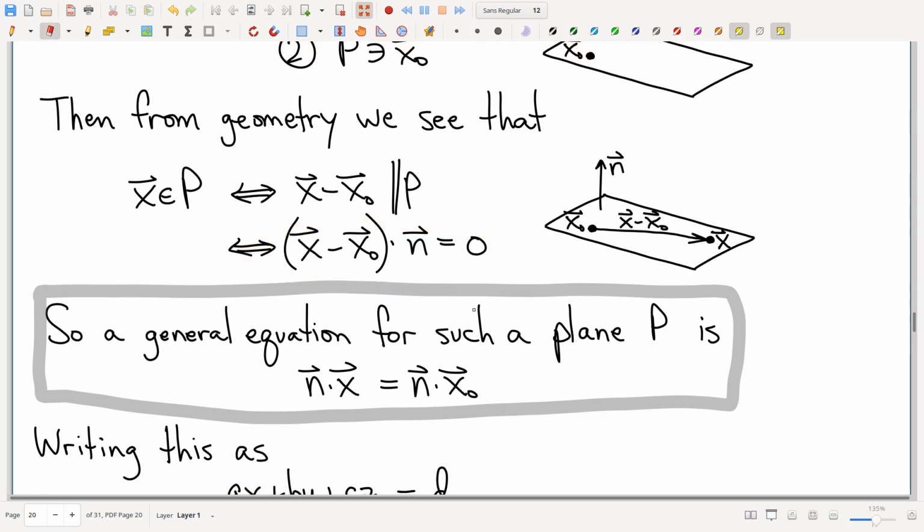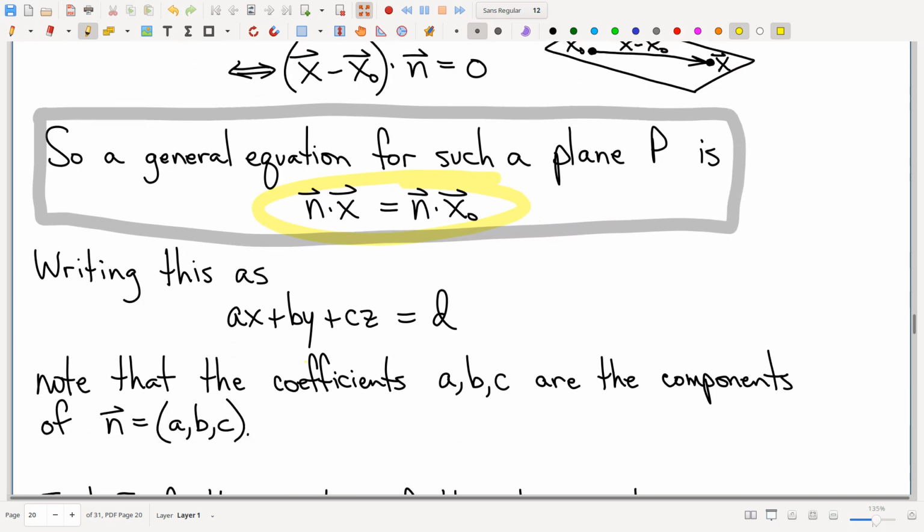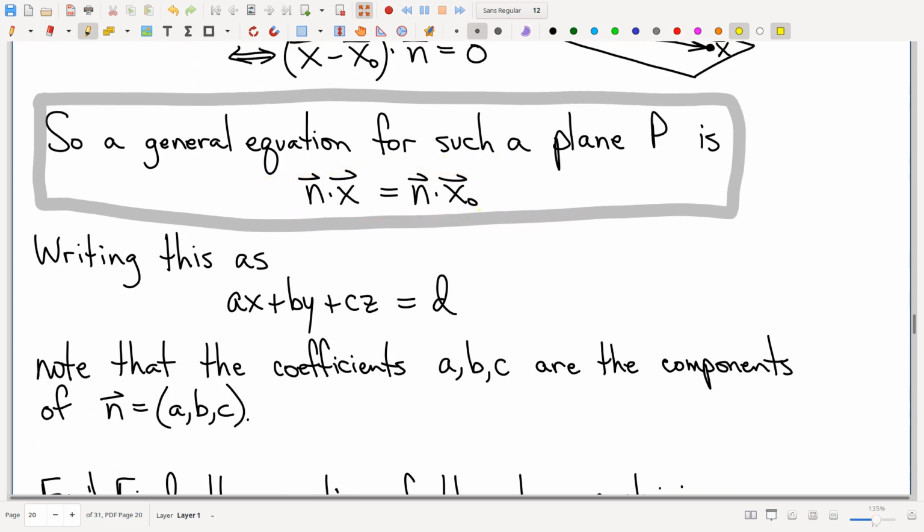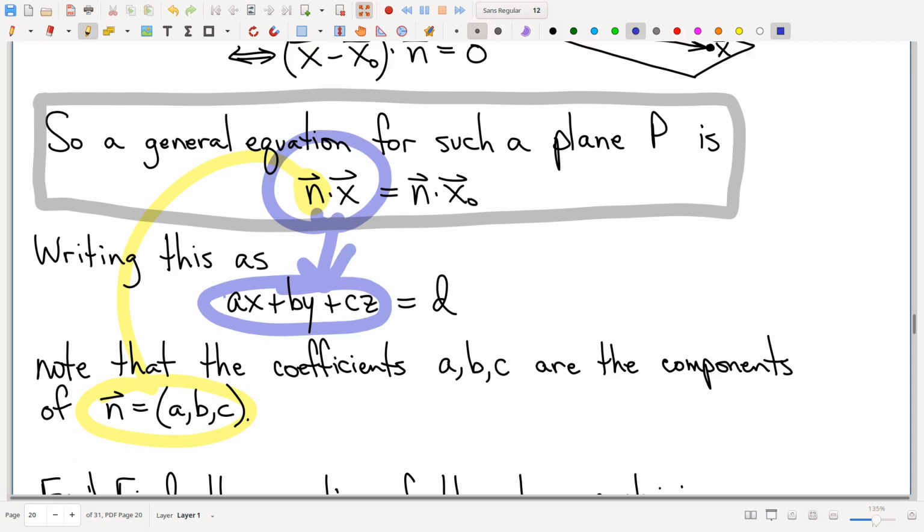Okay, so a little bit of algebra. I can rewrite this like that. This is my slightly preferred version of that equation, and then of course you can take this equation and we've got this normal vector. It's going to have certain coordinates, let's call them A, B, and C, and having done so, then this rewrites like that.